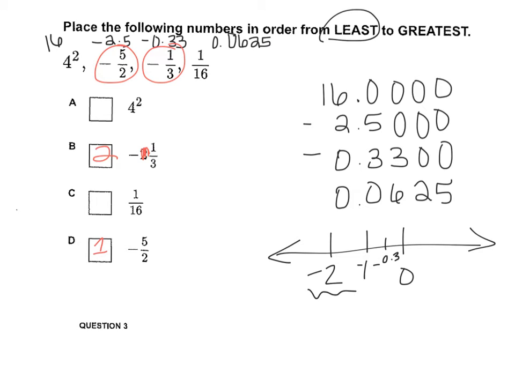And for my next smallest number, since I already used those, I'm going to compare 16 to 0. Which of those is the smaller number? I hope in your head you said 0. That would be 1/16, so that's going to be 3. And then 4 squared, or 16, is my last one. That's the biggest one.